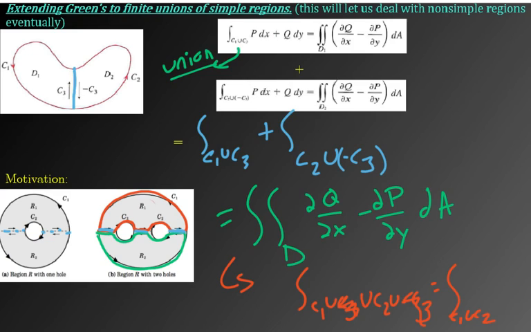This one's pretty tricky, but the idea is to imagine an infinitesimally small circle right here that goes around the origin, with radius a, where a is infinitesimally small.